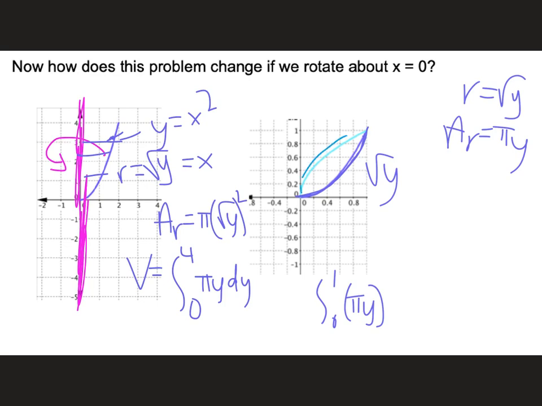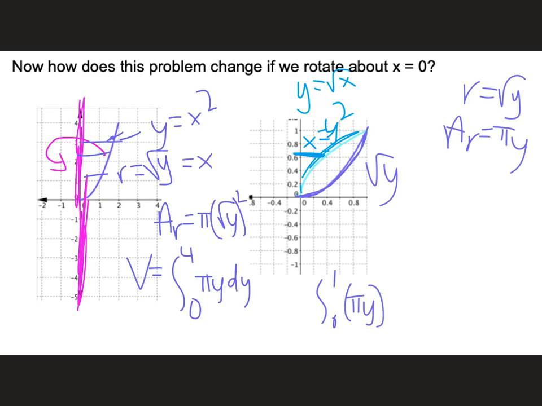The other one, same idea. This distance here, if you're confused about this y thing, maybe this will help. This distance here is x. It's how far things are. But x is equal to, in this case, y equals the square root of x, so x is y squared. So that means the big, I labeled that wrong, I'm sorry.